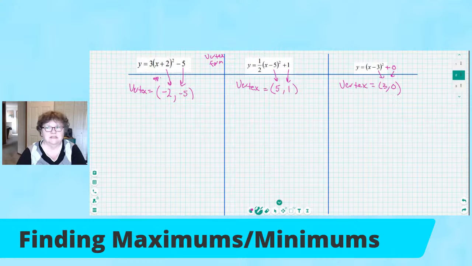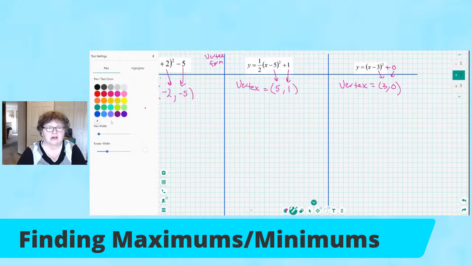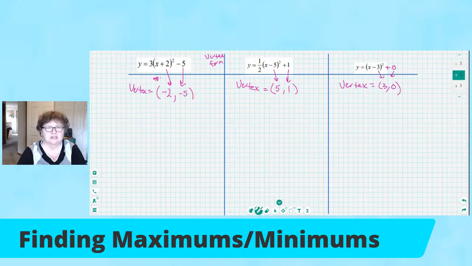Okay, so the next thing we need to worry about is, does our parabola open up or down? Now, how do you tell that? How you tell is also pretty easy once you know the secret. The coefficient that's out front here, the 3, the 1/2, and in this case, there's nothing, so I would say it's a 1.